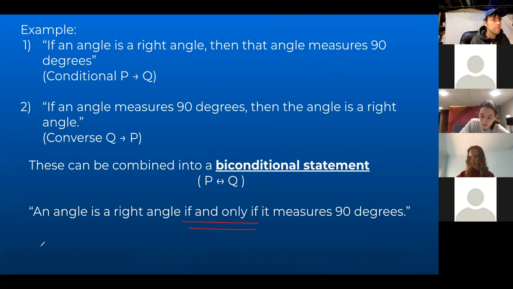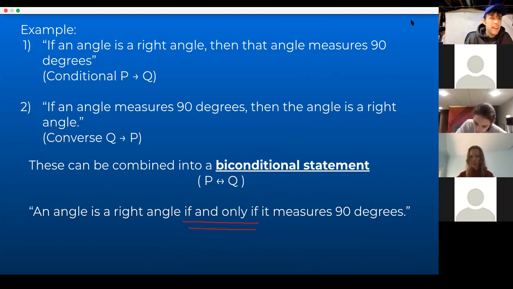That's not always true, right? The original one was true. Cats are always mammals, but mammals are not always cats. So it does matter the order, but sometimes it doesn't matter, like this. And in particular, when we're trying to write a definition, those are where we're going to use biconditional statements as definitions.